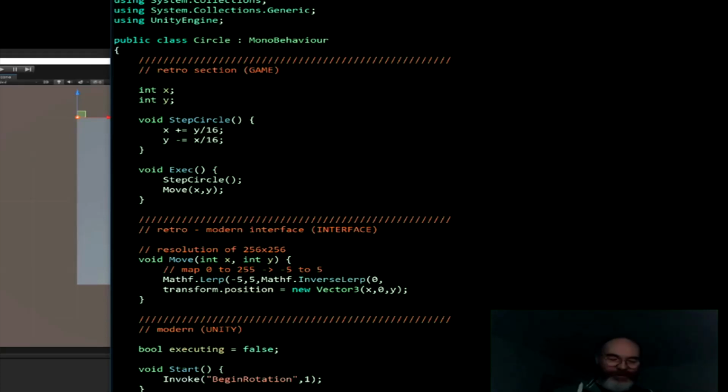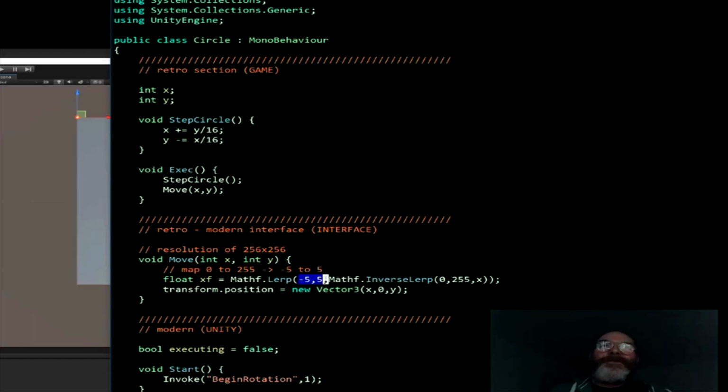So in here, then we do a Mathf.InverseLerp from a range of 0 to 255 for the input value of x. So float... this pattern is really nice.